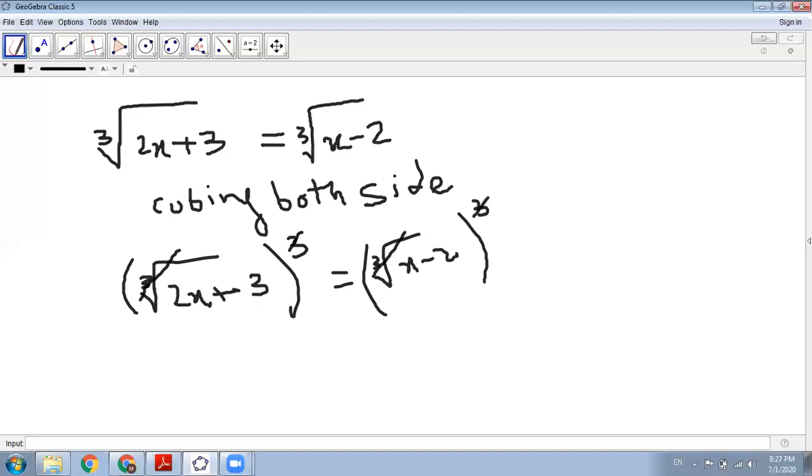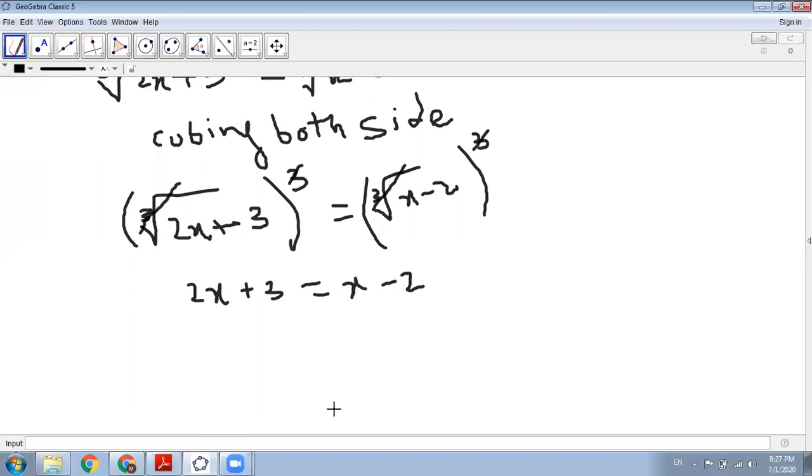Now we get 2x plus 3 equals x minus 2. Now we move the like terms to one side of the equation, meaning 2x minus x, because this x will move to this side, and plus 3 moves to this side, that equals minus 2 minus 3. So x equals minus 5.